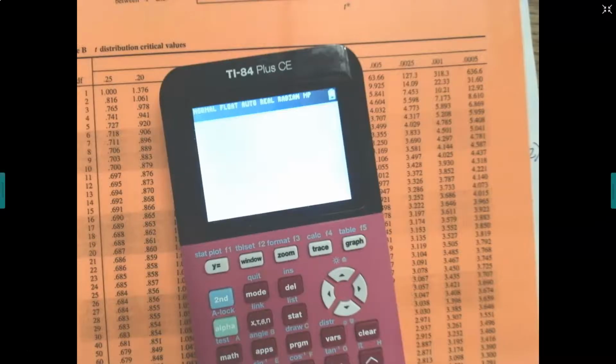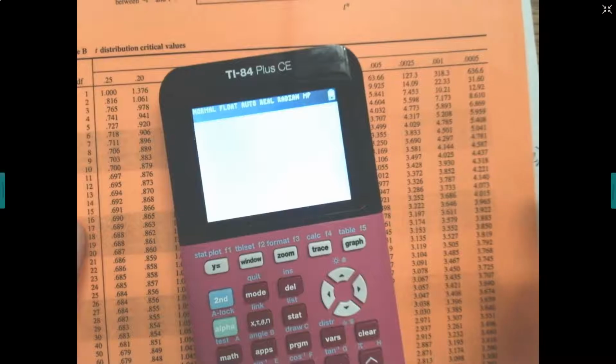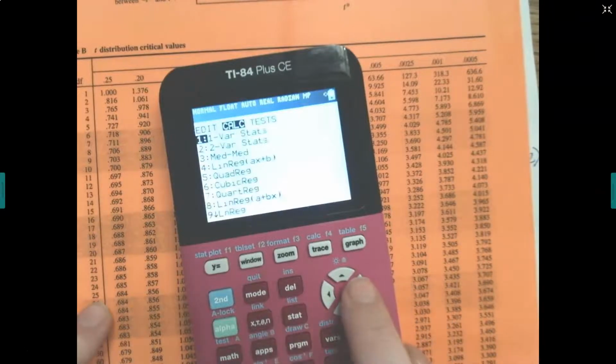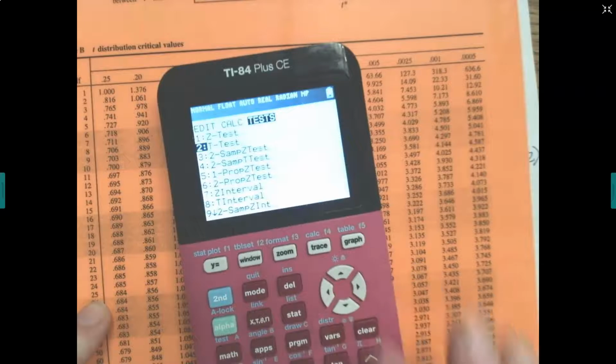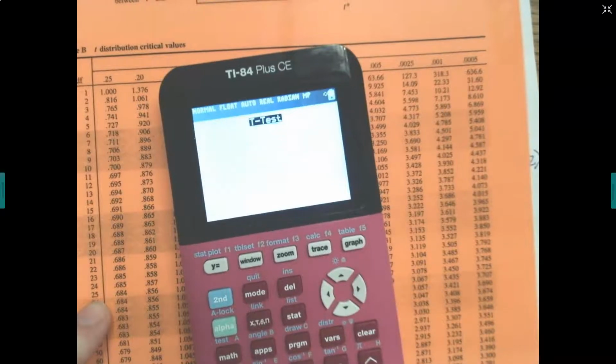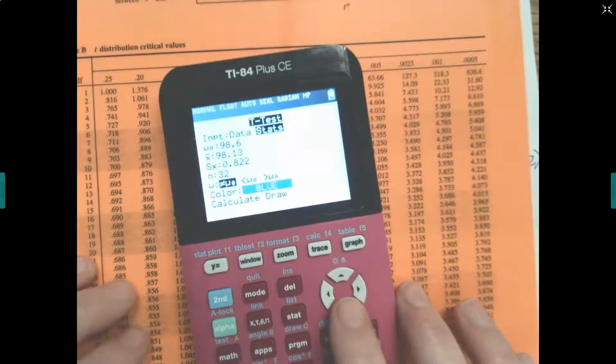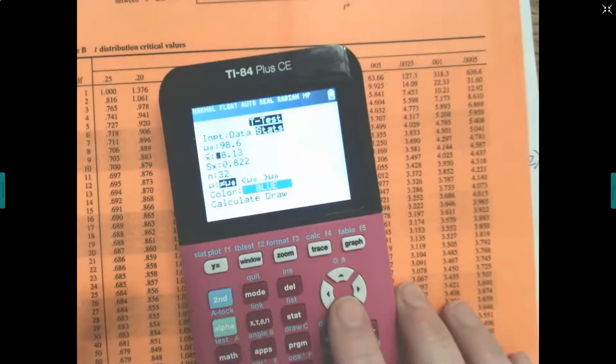Okay, now let me show you how to do this in the calculator so we can make a comparison. We're going to go to Stat, over to Tests. We're doing a t-test. Our mean was 98.6. That's our null. Our statistic from our sample was 98.13.